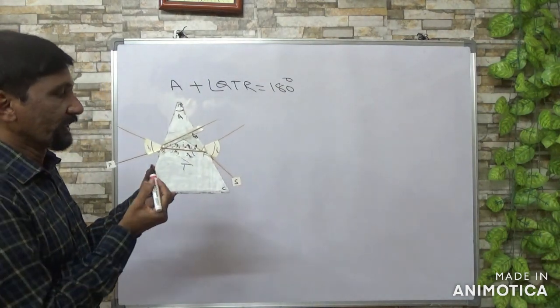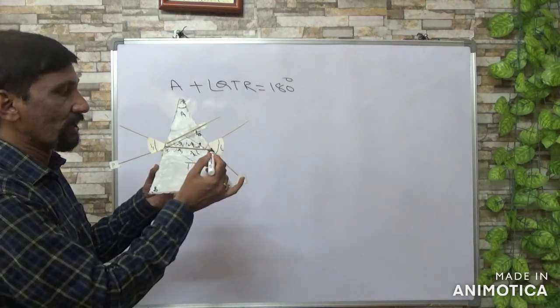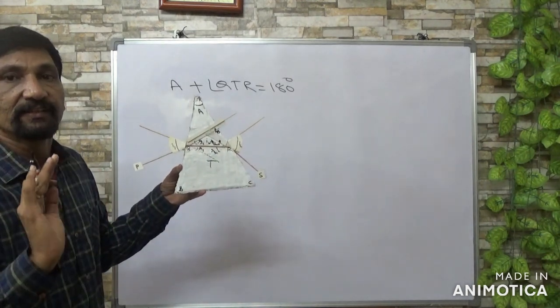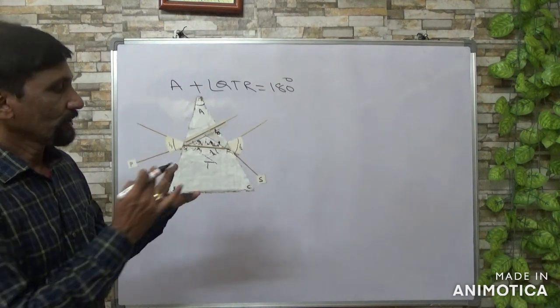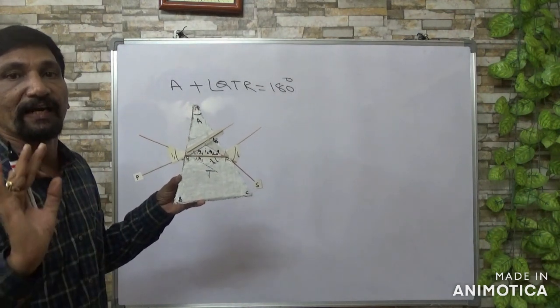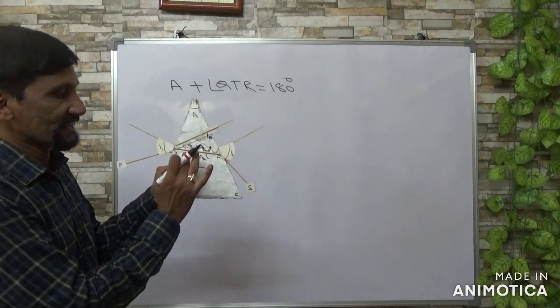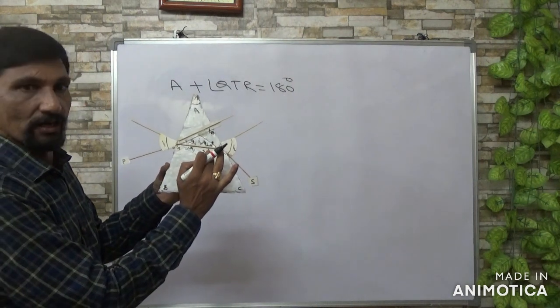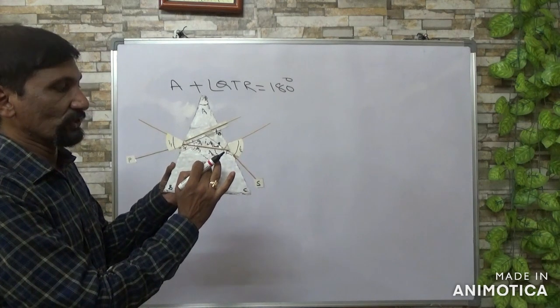Now if you notice, QTR is forming a triangle. The sum of the angles in any triangle is 180 degrees. That is, R1, R2 plus QTR.